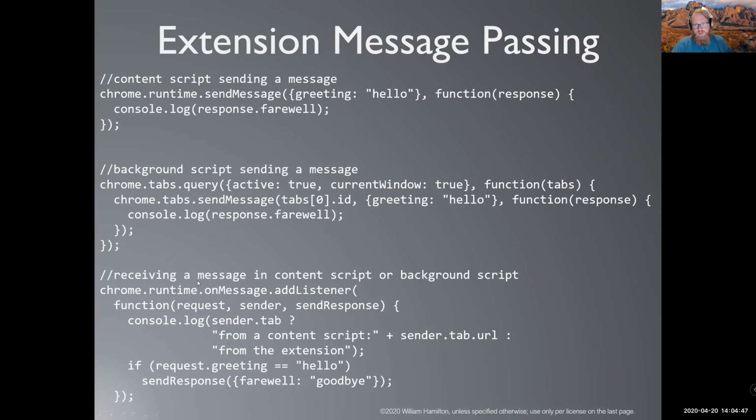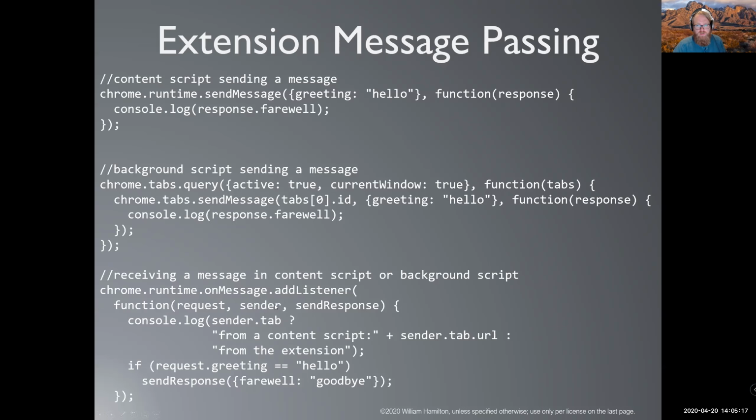And if you want to receive a message in either the background script or the content script, you would call chrome.runtime.onMessage.addListener, which gives you a callback with the request, which is just the object that's getting sent, along with the sender, which could be a tab or some other entity within the extension.